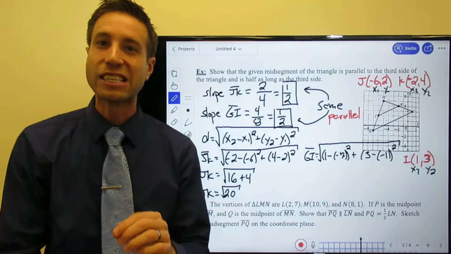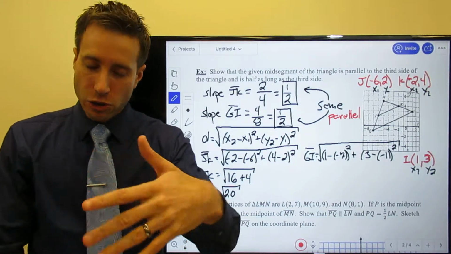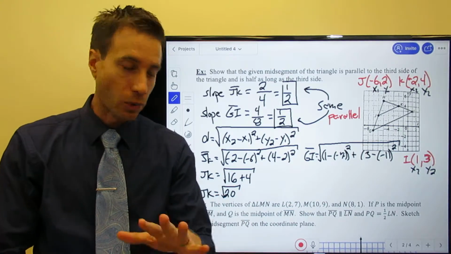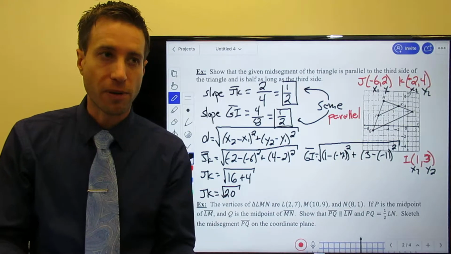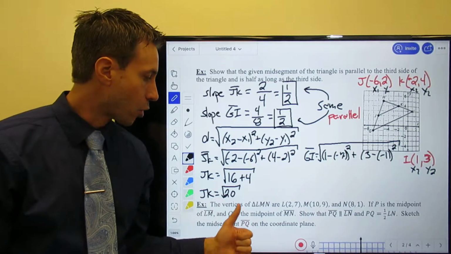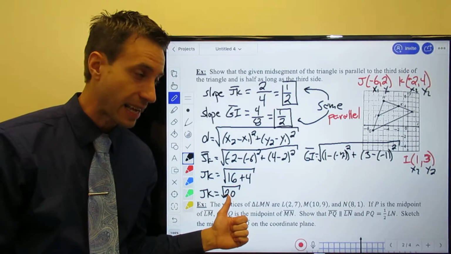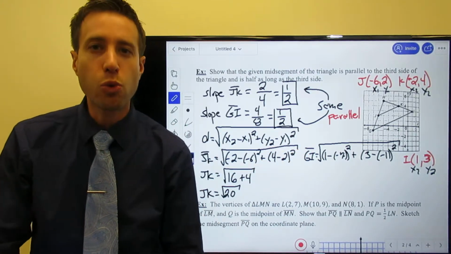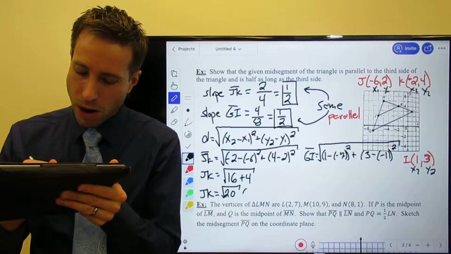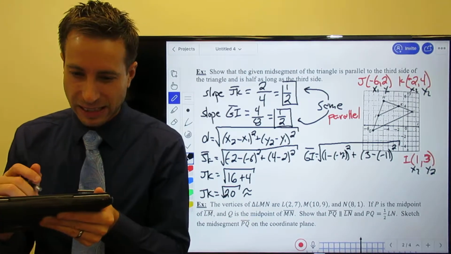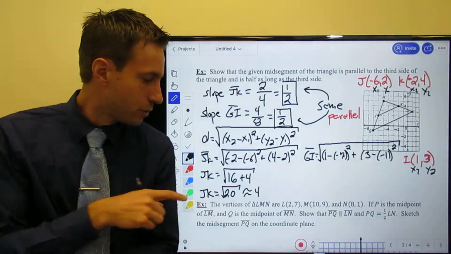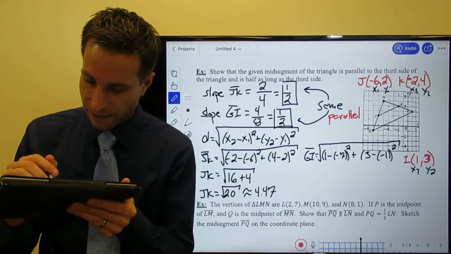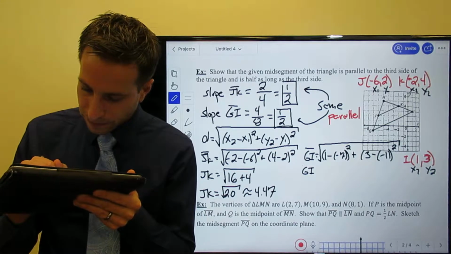Now, the square root of 20 is not a perfect square, and generally I would leave this as a radical. However, remember, I'm going to compare this length to the length I get for GI. So in this case, I would go ahead and approximate that as a decimal. It'll make it a little bit easier for us. If you do the square root of 20 in your calculator, you get 4.47.